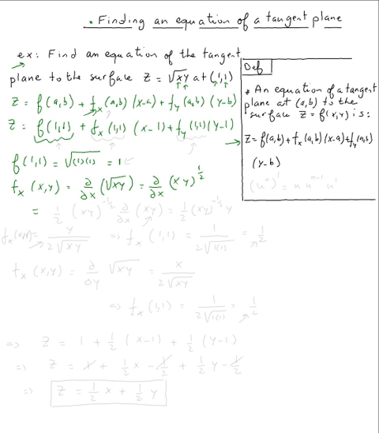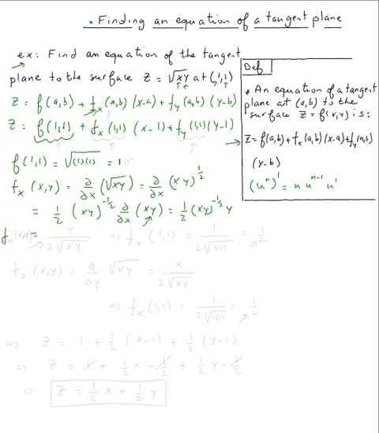Again I need to use derivative of u to the n is n u to the n minus 1 times u prime. So this is going to be equal 1/2 xy to the 1/2 minus 1, which is negative 1/2, times the derivative of the inside, the partial with respect to x of the inside. Since y is considered a constant, this is going to be equal y.